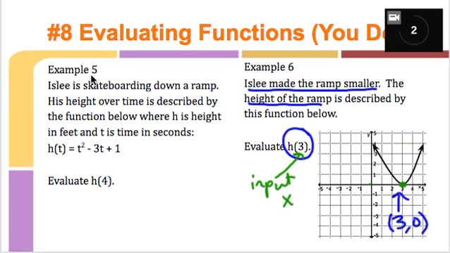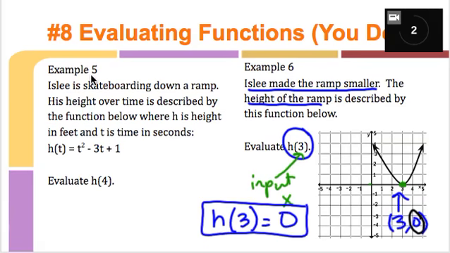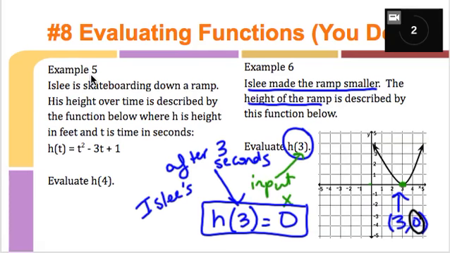So since it's 3, 0, I know that my value of h is 0. So I write h of 3 equals 0. Again, what this means, after 3 seconds, Isley's height is 0 feet.